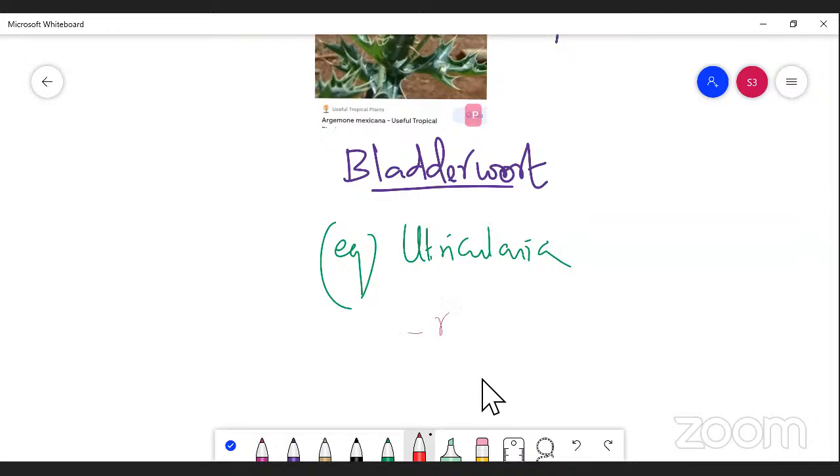It is a rootless plant because it floats on the water surface.